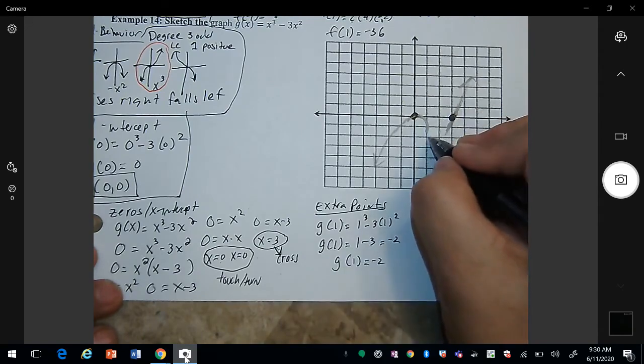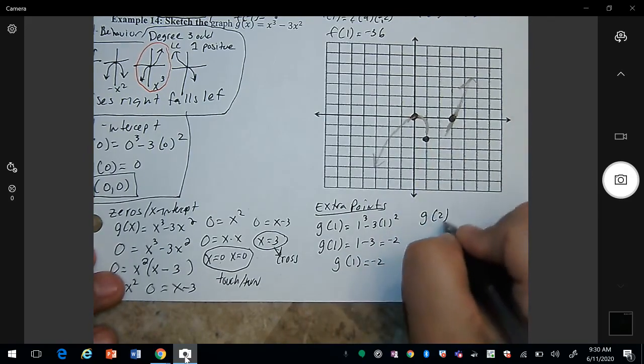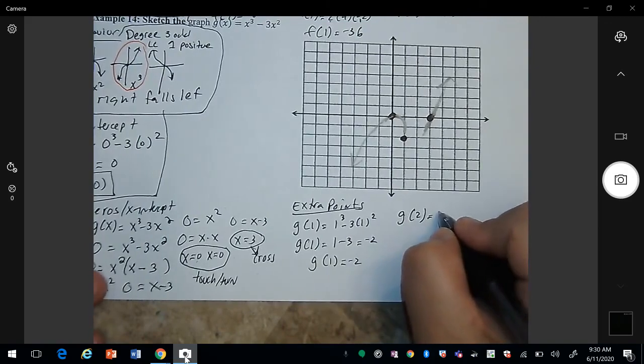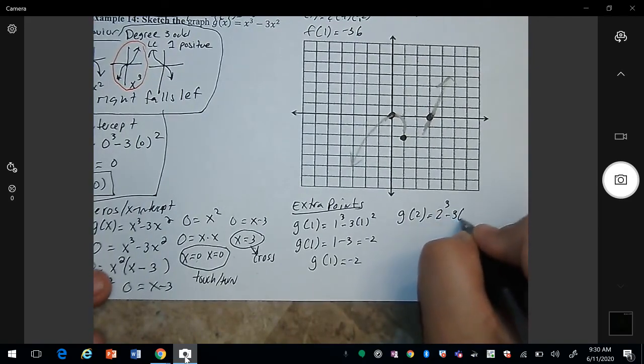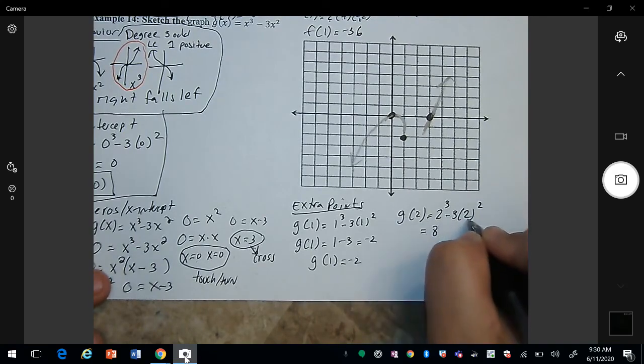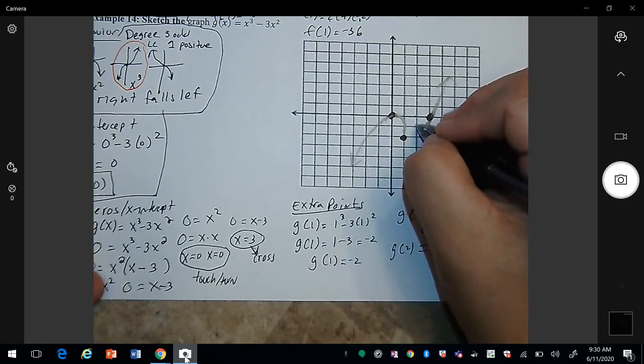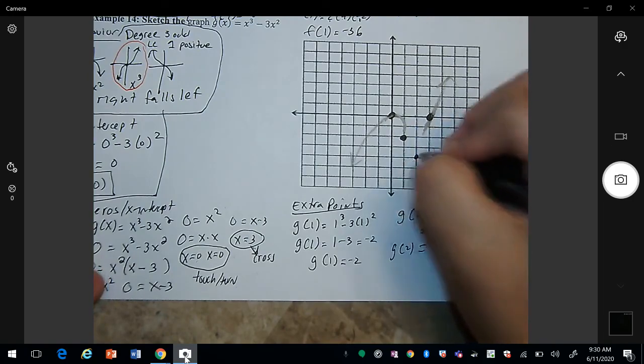So positive 1 gives me a negative 2 right here. And then I'm going to use g of 2. So we get 2 cubed minus 3 times 2 squared. So 2 cubed is 8, 2 squared is 4, times 3 is 12. So we get negative 4. So we go 1, 2, 3, 4.